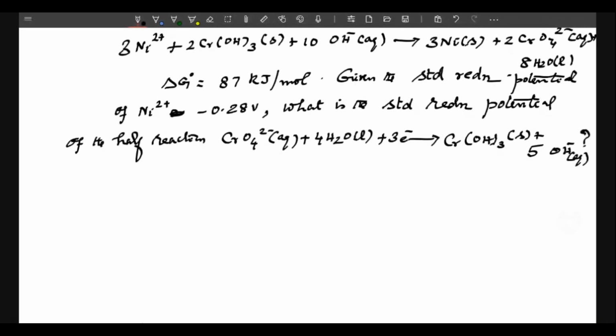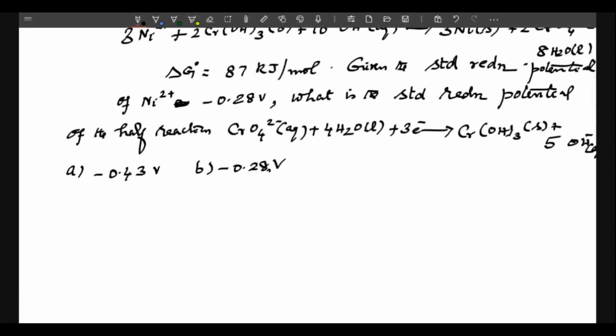Option A minus 0.43 volt, B minus 0.28 volt, C 0.02 volt, D minus 0.13 volt, E minus 0.15 volt.